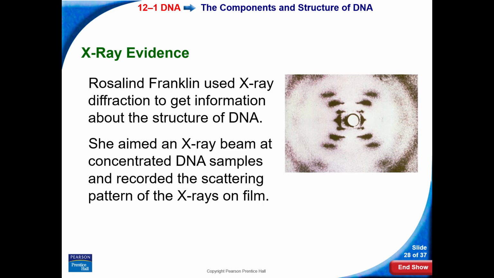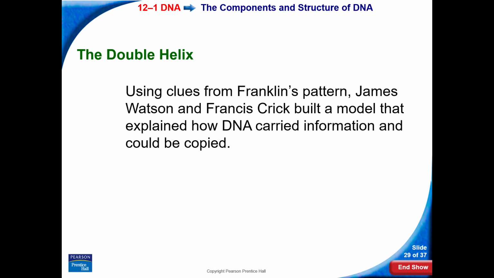You can see that it crosses and gave them the idea that the shape of the molecule they were trying to study was probably two strands wound around each other in like a twisted ladder form, a double helix. So using the clues from Franklin's pattern, James Watson and Francis Crick built a model that explained how DNA carried information and could be copied.